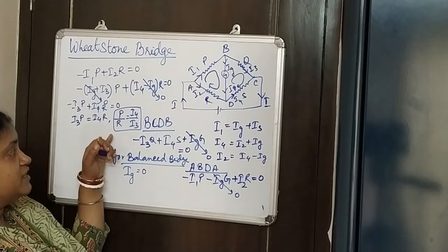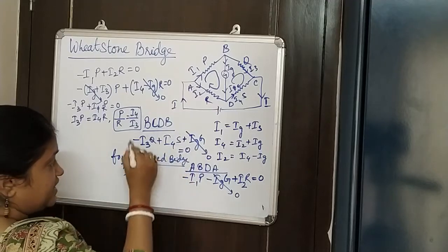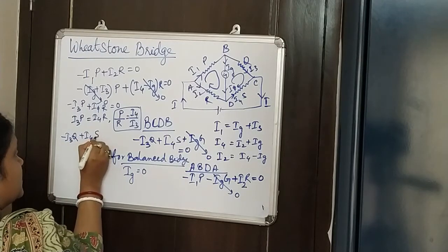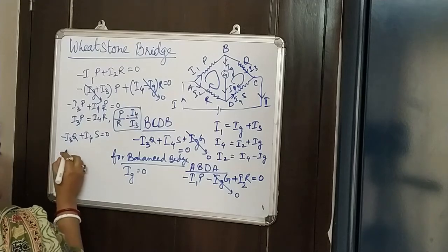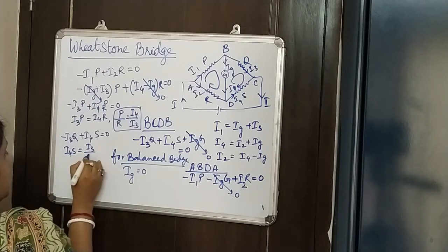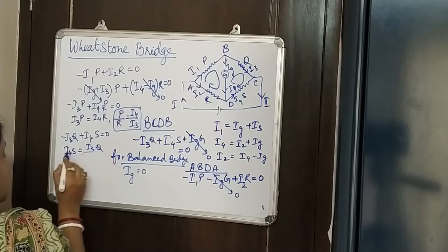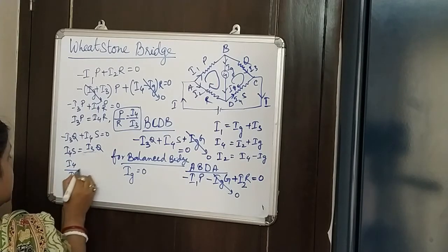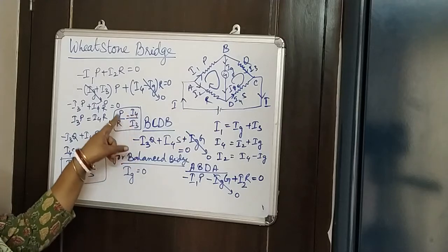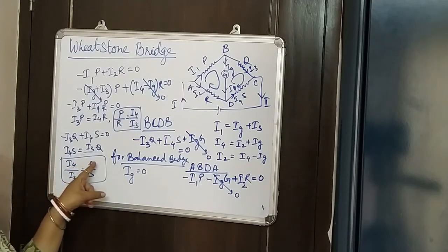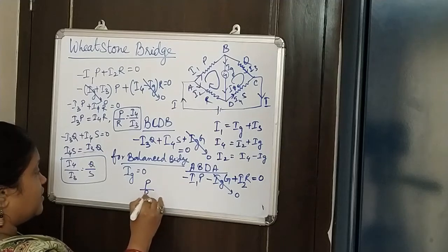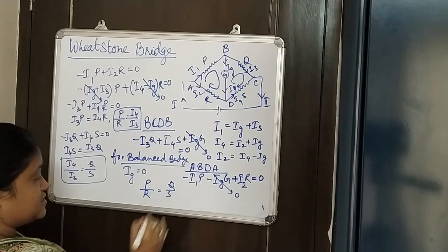Right? So this is what I get from this particular equation. Now taking the second equation, again I3 into Q minus I4 into S will be equal to 0, or I can write I4 into S is equal to I3 into Q, or I4 by I3 is equal to Q by S. So here I4 by I3 is P by R, and here I4 by I3 is Q by S. So therefore, equating these two, I can write P by R is equal to Q by S, right?